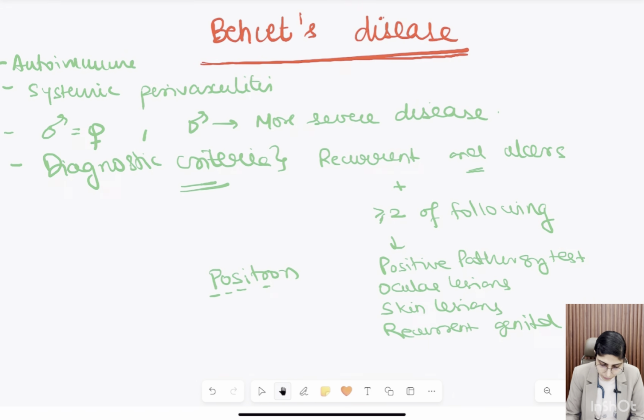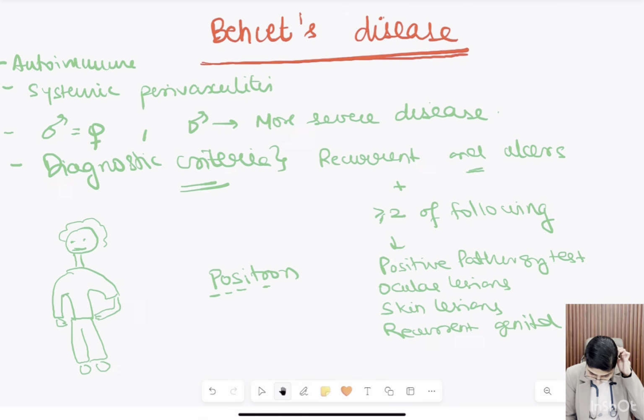So we know that mouth is one thing. See, this is a patient of Behcet. Pardon my drawing, this is something I really suck at, and I know about it. You don't have to tell me. If this is the patient of Behcet, looks like a patient of Bell's palsy.